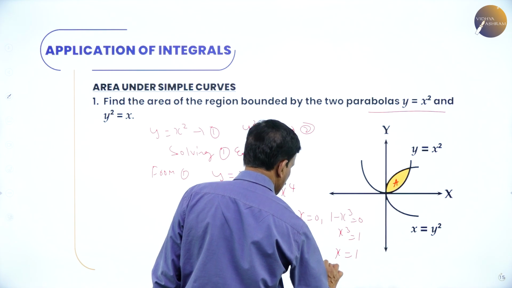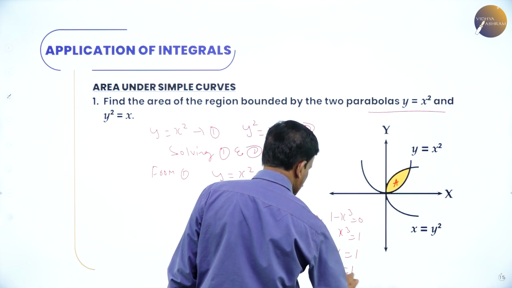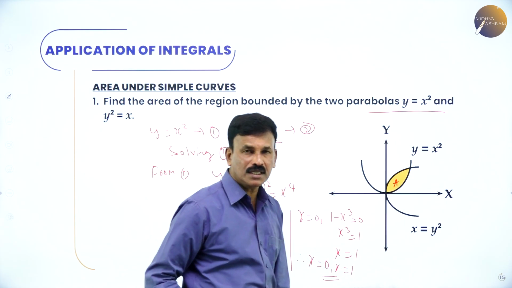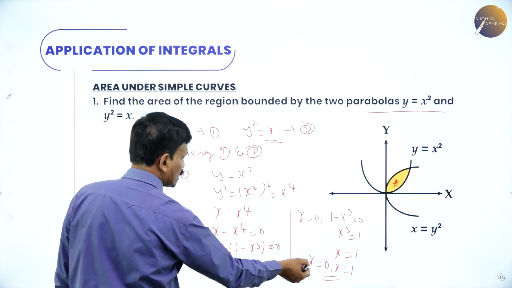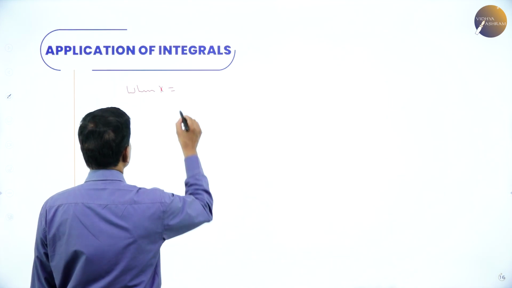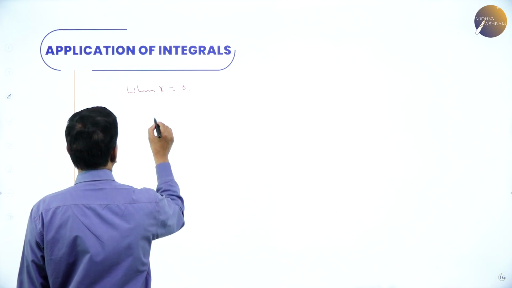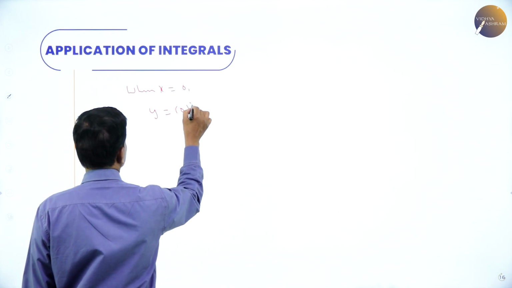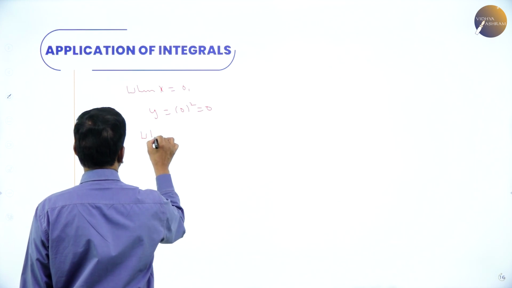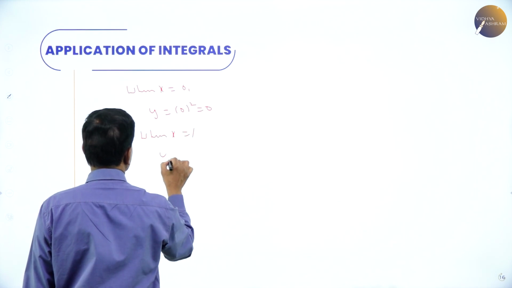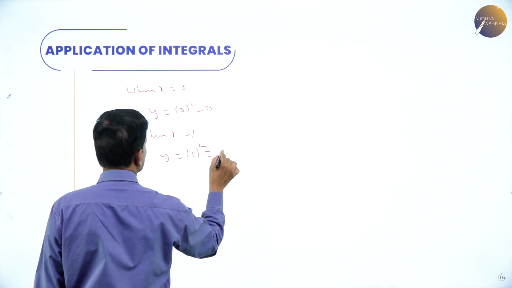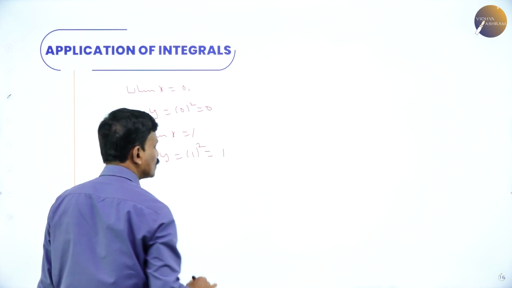Therefore the points are x is equal to 0 or x is equal to 1. First, when x is equal to 0, substitute in this equation, y is equal to 0 square, that's equal to 0. Again, when x is equal to 1, y is equal to 1 square, that's equal to 1.